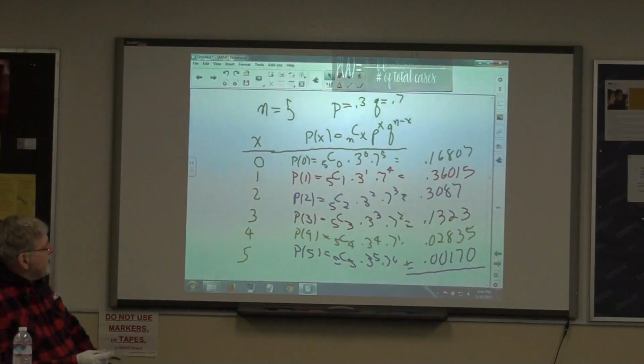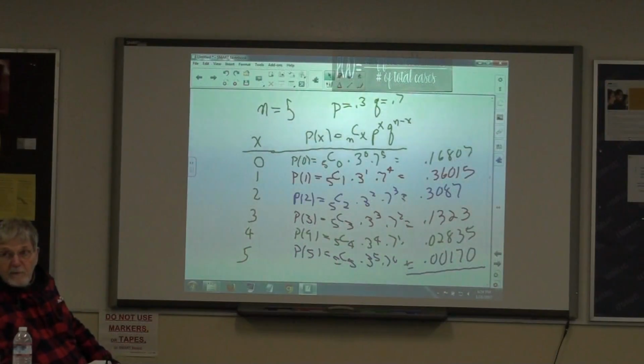So indeed, this is a discrete probability distribution because the outcome must be in one of these buckets. The value of X is either going to be 0, 1, 2, 3, 4, or 5.